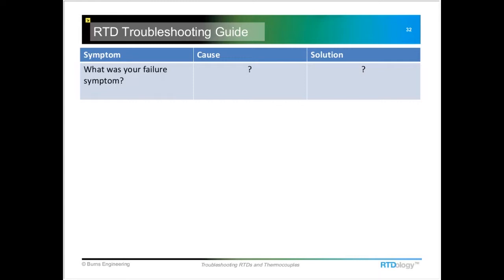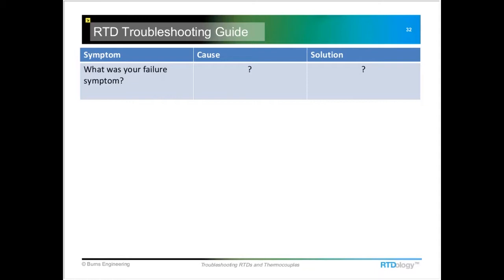Well, the easiest way to do that would be to check it in an ice bath to make sure that it's 100 ohms, plus or minus 0.12 ohms. Just make sure that that's pretty close.